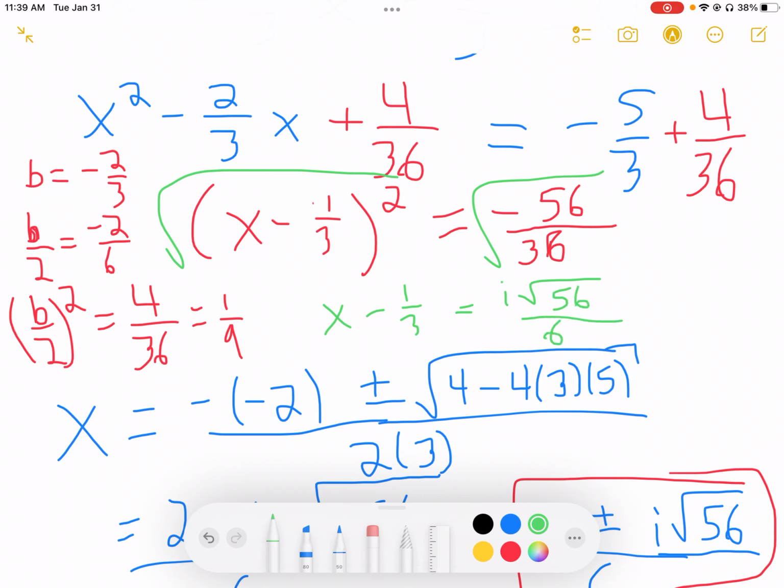And then I would just go ahead and move my 1/3 to the other side, right? And I'd have x equals 1/3 plus or minus i square root 56 over 6.